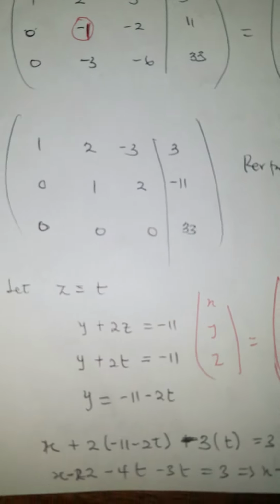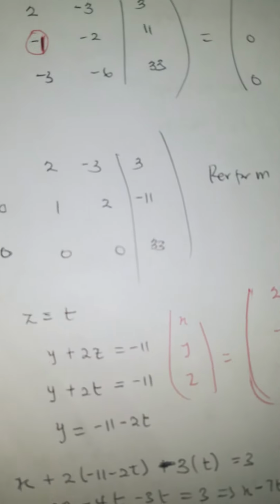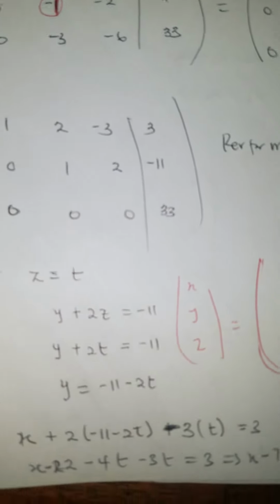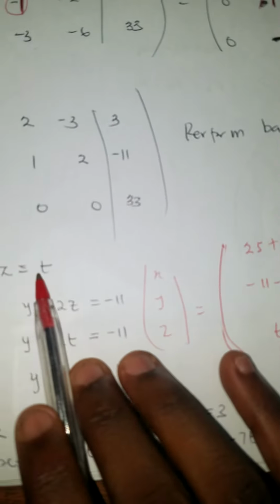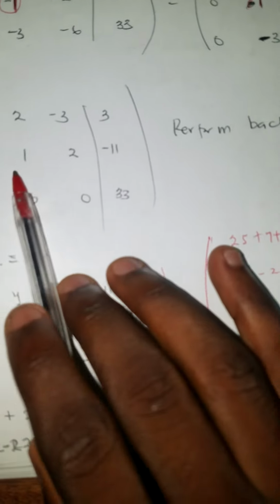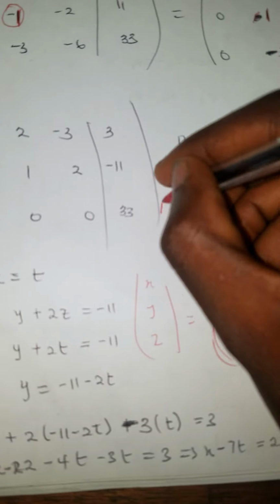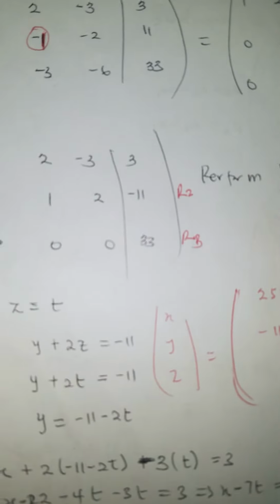So I said let z equal to t. So it means that our z is equal to t. So we use the second row to get our y.